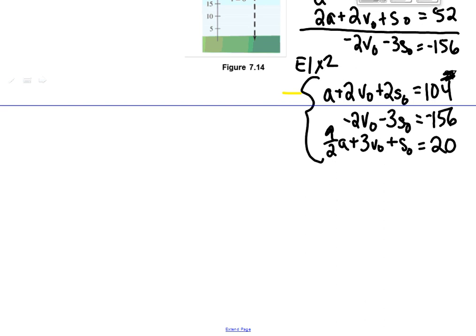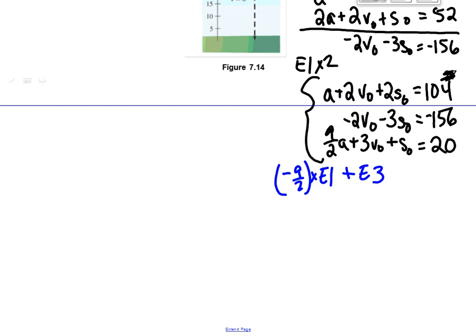So we'll write that as that we're going to take, and I'll just do a different color for each situation here. So I'm going to take -9/2 times E1, and then I'm going to add E3.